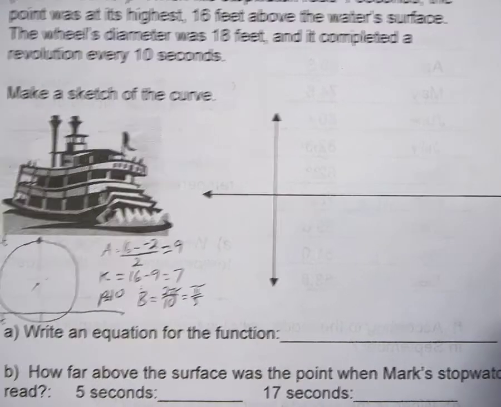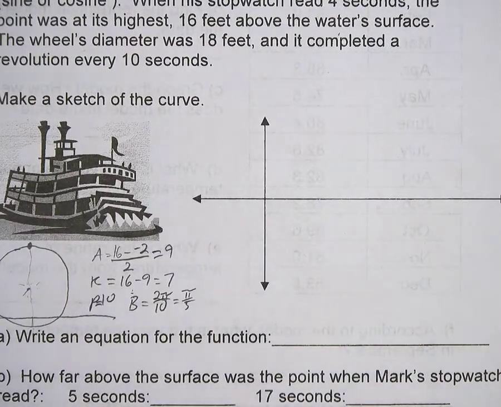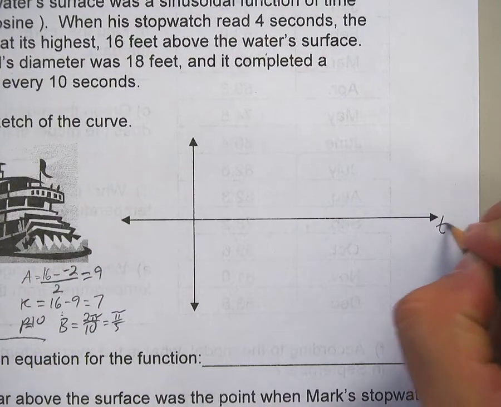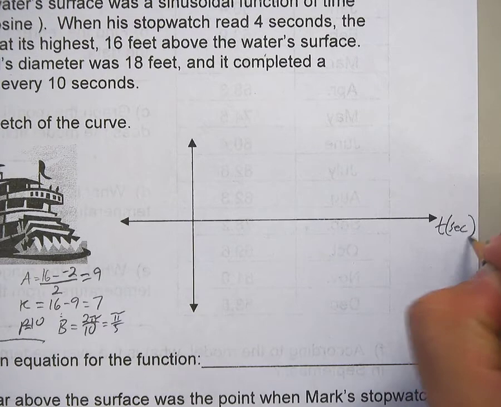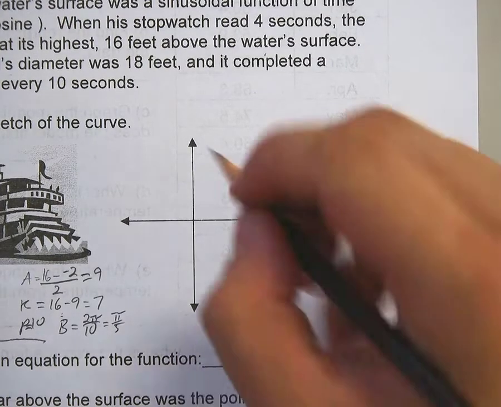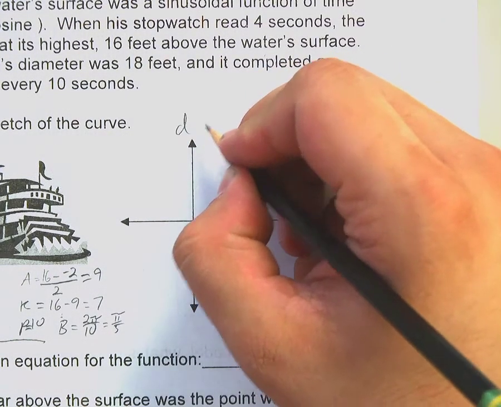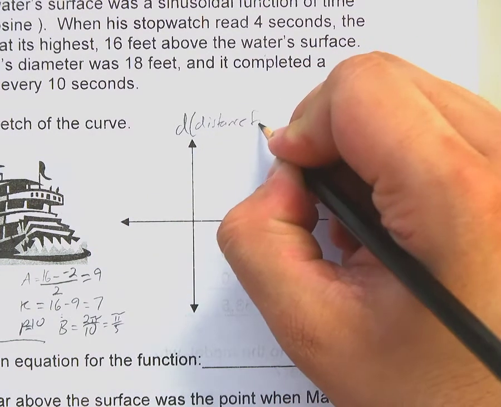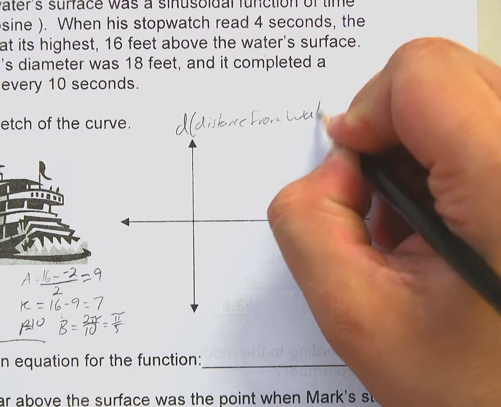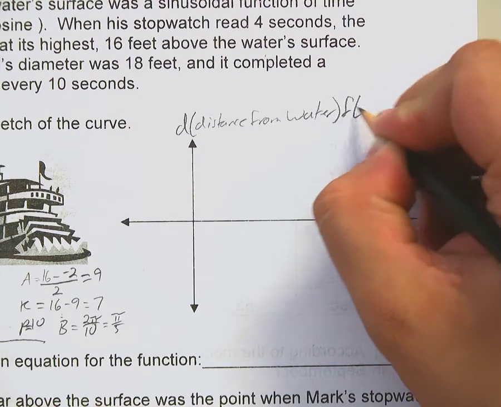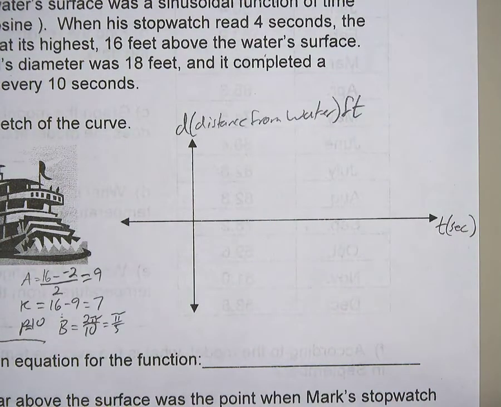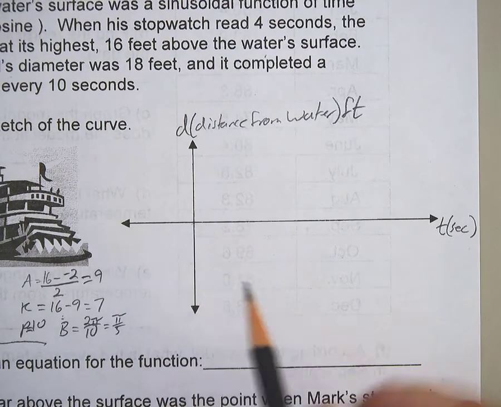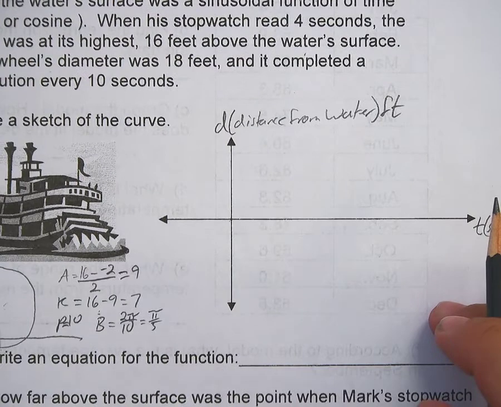So just using that information, I'm going to come over here and I'm going to graph it. All right, so T is going to be on your x-axis. This is T, and this is in seconds. This is going to be D, the distance from the water, and this is measured in feet, right? So this is 0, this is the surface of the water here.